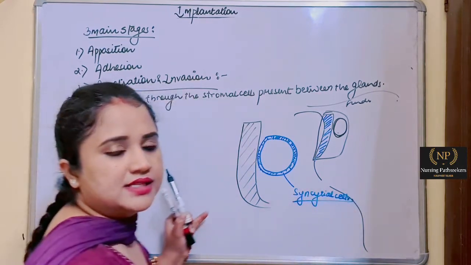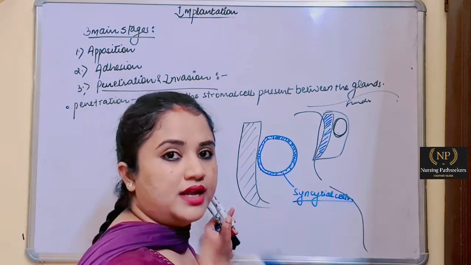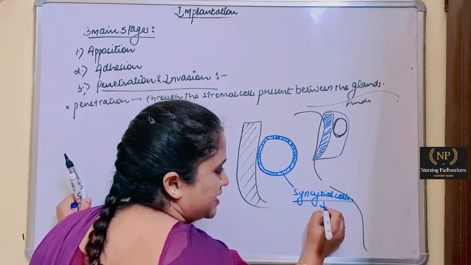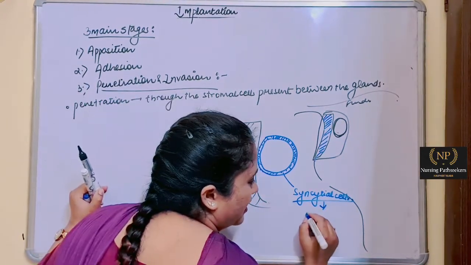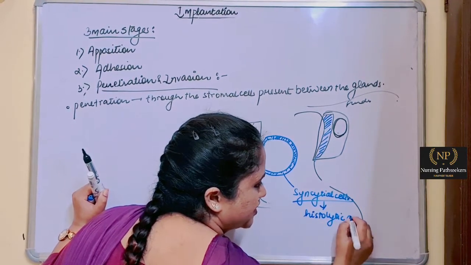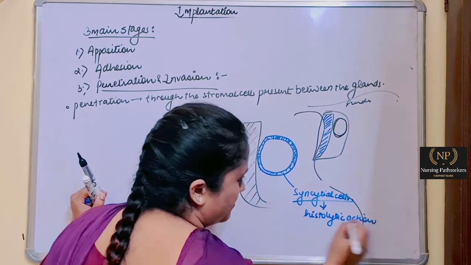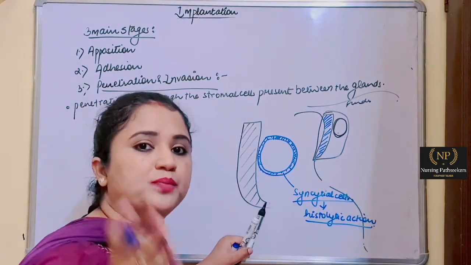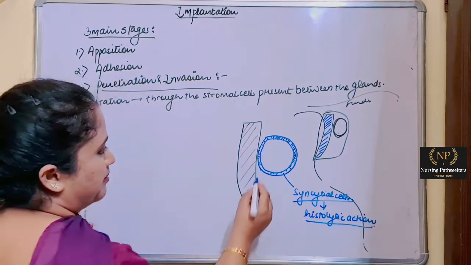These cells are the outer cells of the trophoblast layer. What do these syncytial cells do? They cause a histolytic action. Histolytic action means action of lysis, meaning breakdown.